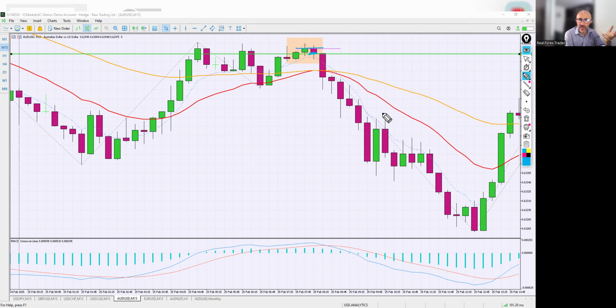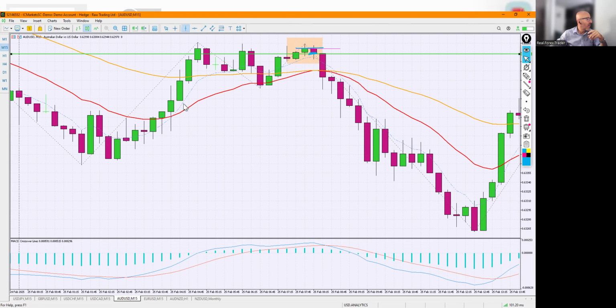Before I execute the trade, I need confirmation from other tools. The Tweezer Tops agree very well with Fibonacci and MACD. Let's see in this case what happens. If we check our MACD line, okay, here, I can see that the sentiment is still bullish, right?